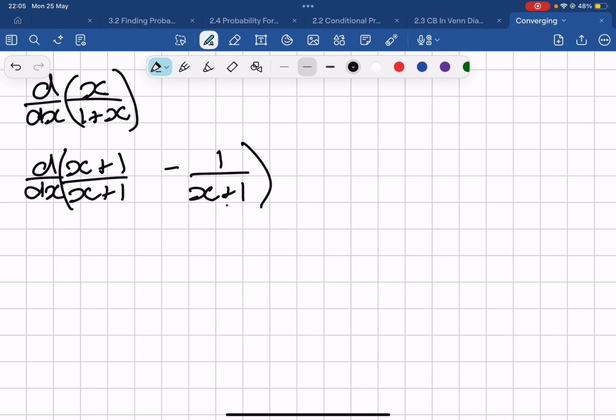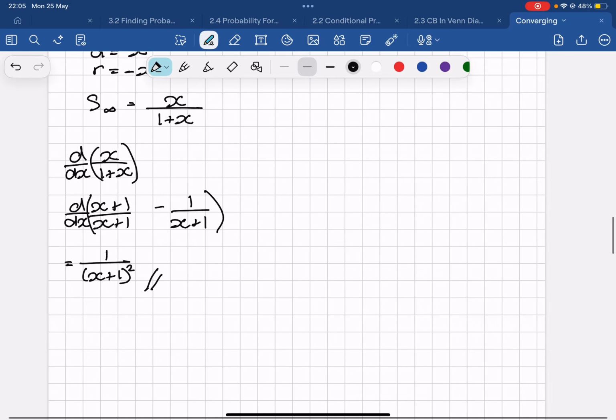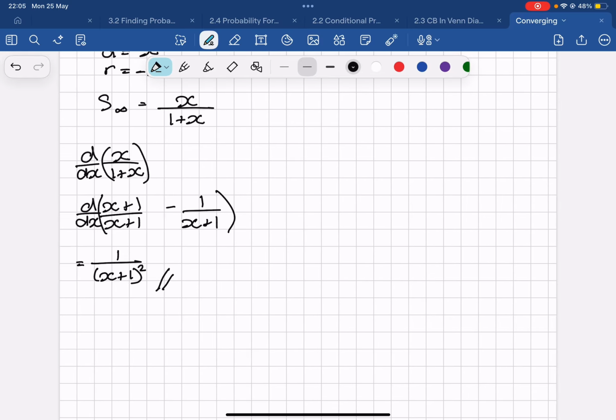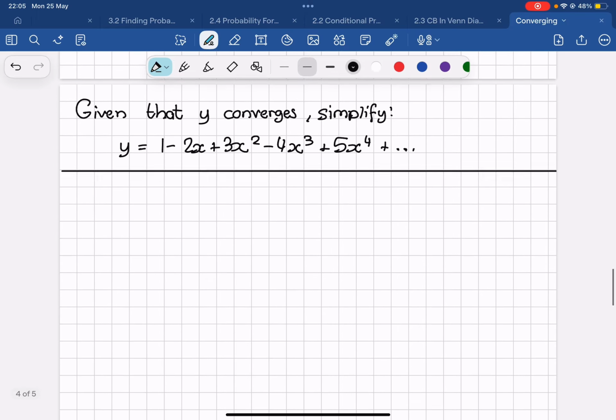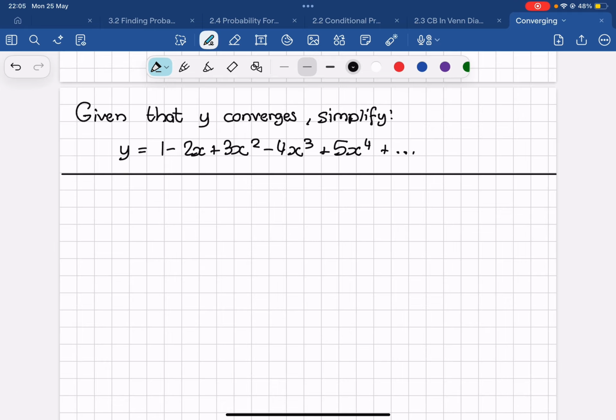And minus 1 over x plus 1 differentiates to 1 over x plus 1 squared. So a pretty clean result for a funny looking series.